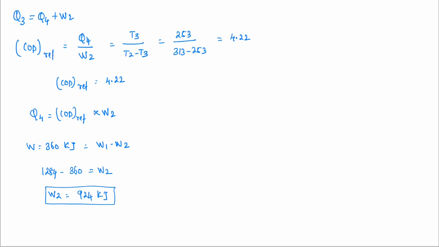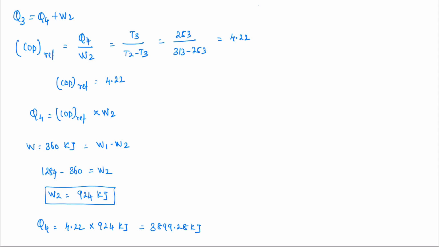By substituting the value of W2 in this equation, you can find the value of Q4. That is, Q4 is equal to COP, which is 4.22, into 924 kilojoule, which is calculated as 3899.28 kilojoule.